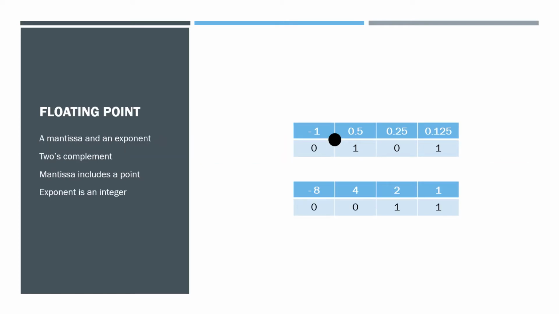Whereas a floating point number is made out of two numbers. The mantissa is the pattern of ones and noughts, and the exponent is the power of 2. And they're both expressed using 2's complement. The point in the mantissa always starts 1 in like that, and then we jump it left or right according to the value of the exponent.